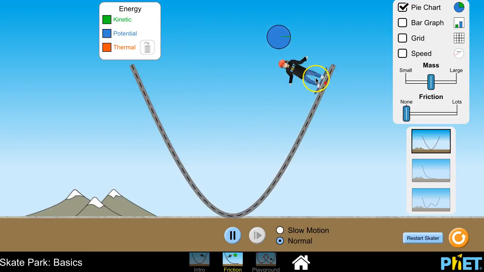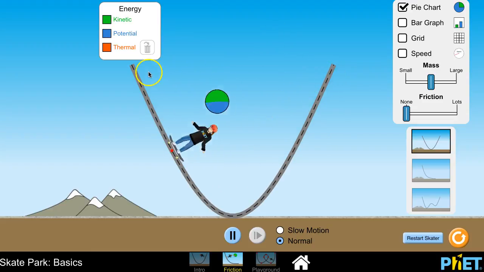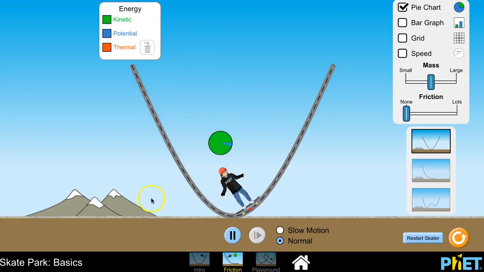And you can see that those blue slices are biggest at the top of the ramp when she has the most potential energy because she's furthest from the ground, and at the bottom the blue slices are gone because she's at ground level.